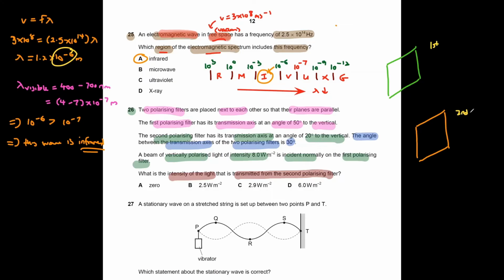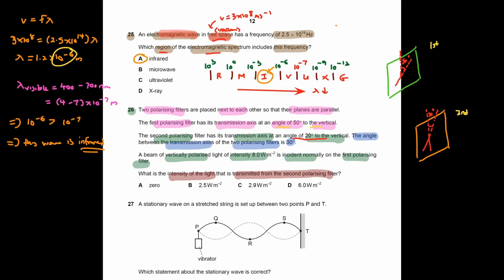Now your first polarizer is at an angle of 50 degrees to the vertical. So that means something like this. If this one is your vertical, your transmission axis is 50 degrees from the vertical here. And then your second polarizer is at the angle of 20 degrees to the vertical, meaning to say it is somewhere like this, 20 degrees.